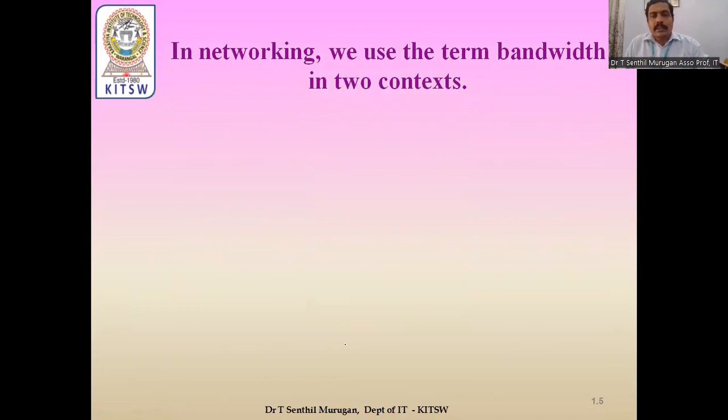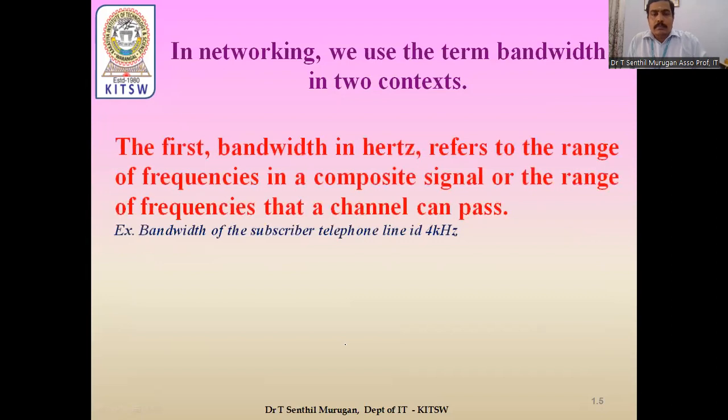In networking, we use the term bandwidth in two contexts. So now we are going to discuss about bandwidth. First one, bandwidth in hertz. Bandwidth in hertz refers to the range of frequencies in a composite signal or the range of frequencies that a channel can pass.